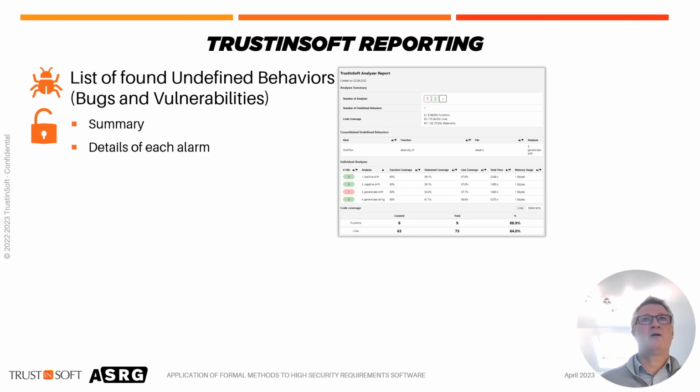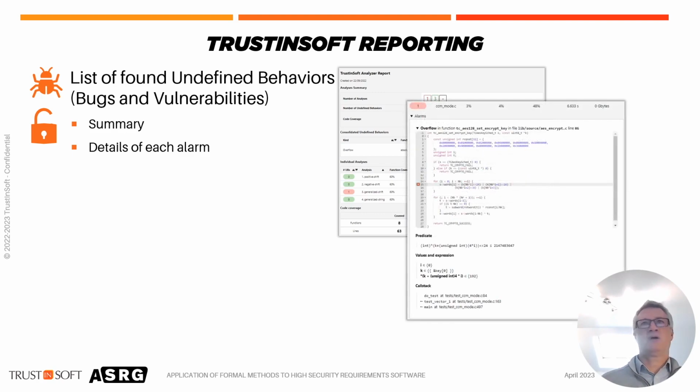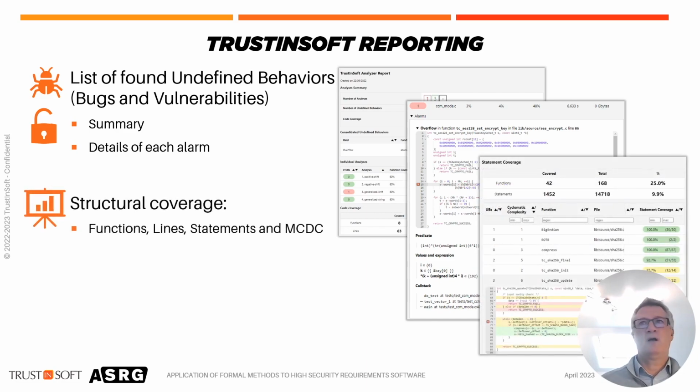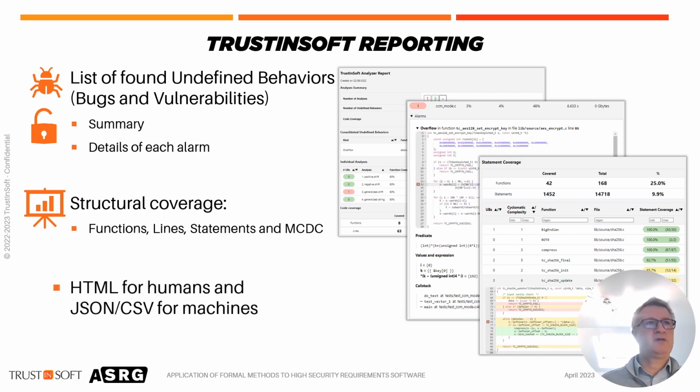Now you can find very exhaustive reporting capability with, in our case, a summary of the analysis, the details of each alarm that was discovered, and also information on structural coverage with function, line, statement, and even MCDC coverage, a standard requirement for extremely high safety or security requirements. MCDC is sometimes asked for, and this information is available in mainstream standard HTML for human readability.